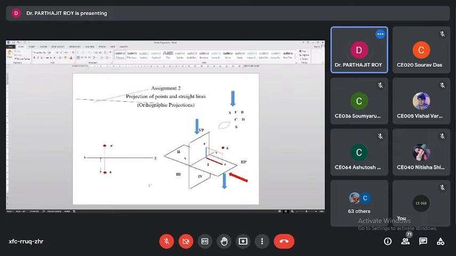Then within these two arrowheads, we'll use the text to show at what distance the top view of the point A is. In this case, it is how much? As you said, it is 30. No need to write millimeter. Repeated writing of millimeter is not needed, because throughout my drawing sheet the millimeter unit will come a number of times.